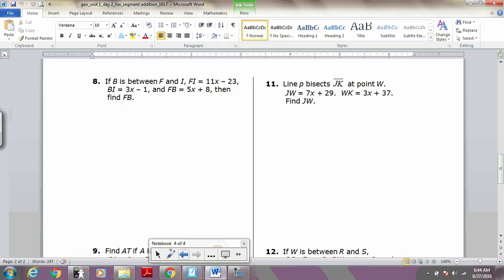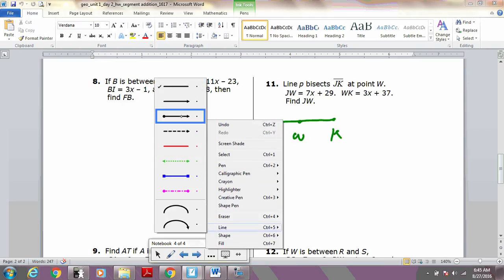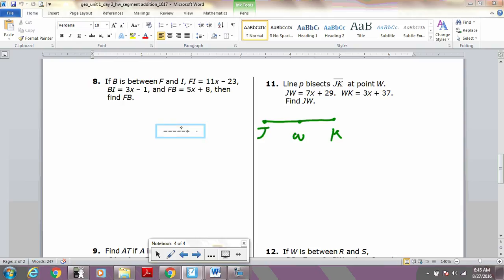It says that line P bisects segment JK at point W. So we're going to have our segment JK and a point W where you have a line bisecting it.